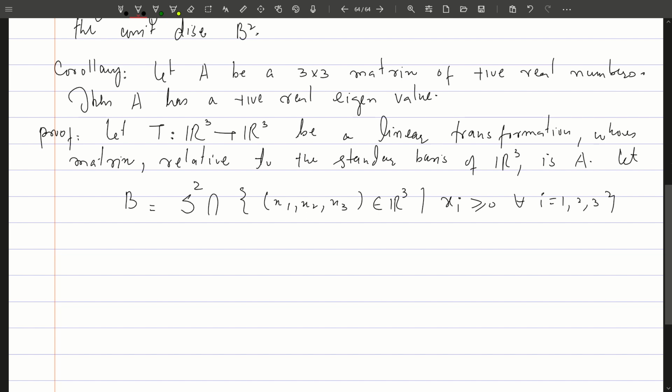So actually this B is like this. We have a sphere here, so it goes like this. And we have a sphere here. So this is our sphere. And this B is this portion over here.